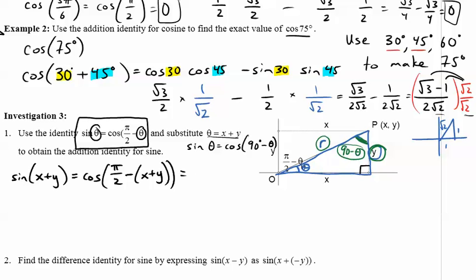And now I'm going to expand that negative sign to give me cosine of pi over 2 minus x minus y. Okay, and now I'm going to think about that as pi over 2 minus x is my first angle, and y is my second angle.